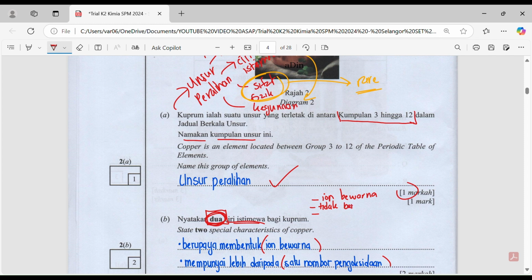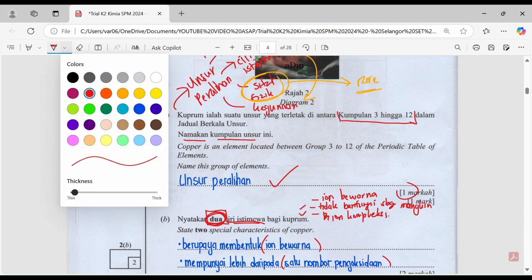So tidak berfungsi sebagai mangkin. And then the third one you said, unsur peralihan berupaya membentuk ion kompleks. So you're sure with the first one, but you're not sure with your second and third points.